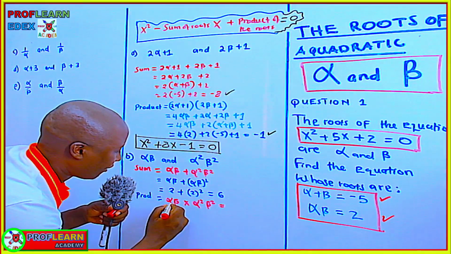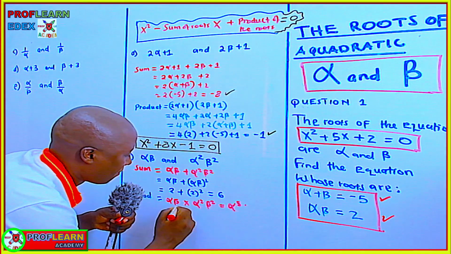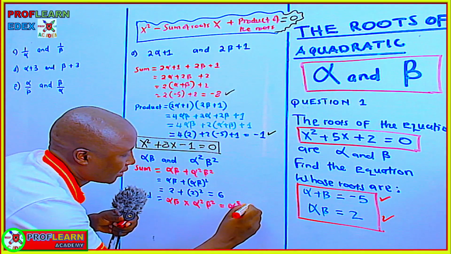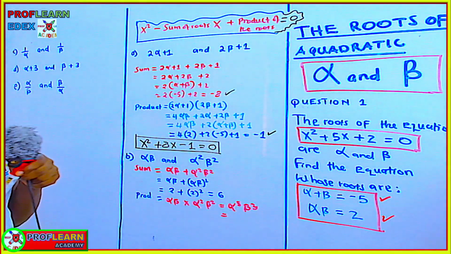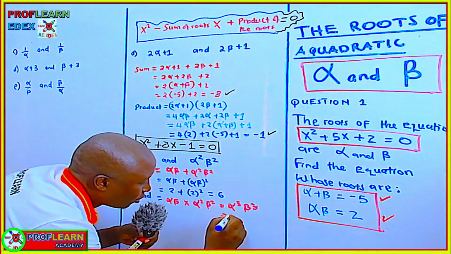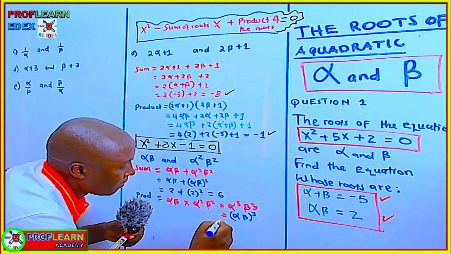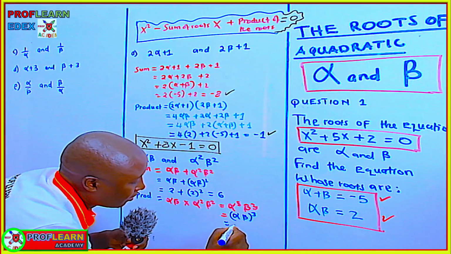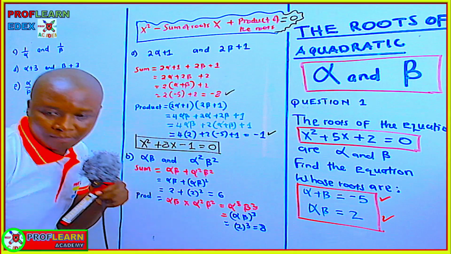Alpha times alpha squared is alpha cubed, beta times beta squared is beta cubed. Finally, this is alpha beta raised to power 3. And what is alpha beta raised to power 3? Alpha beta is 2, and 2 raised to power 3 is actually 8.